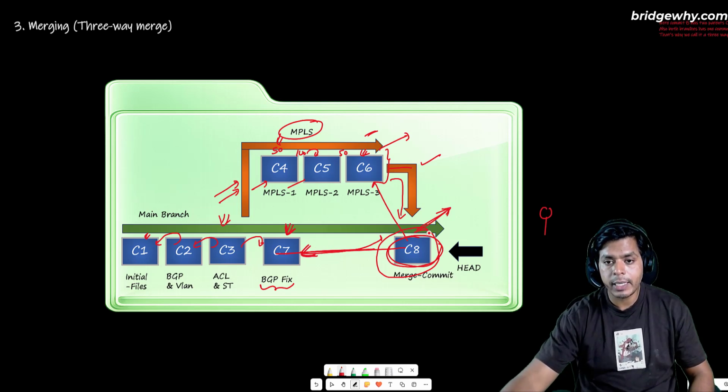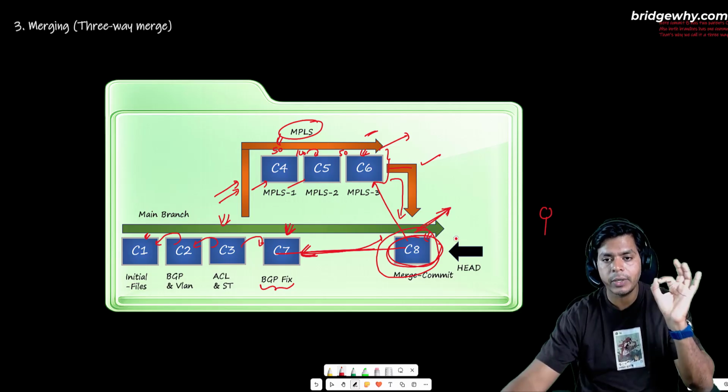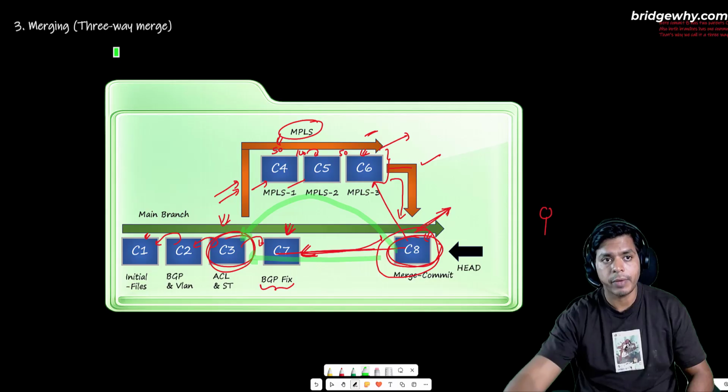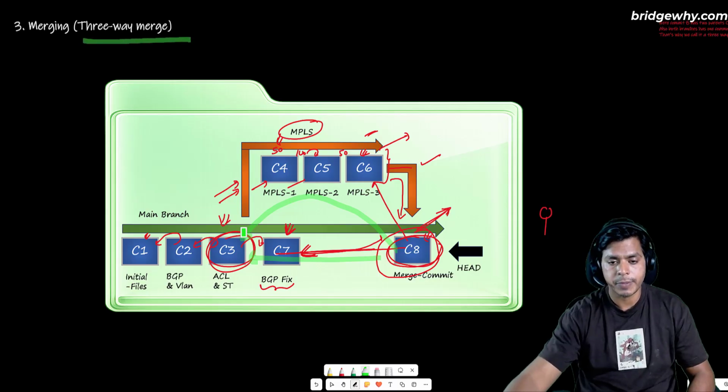And then C8 has one common point, which is C3. We can go this way and we will reach C3, and we will go this way and we will reach C3. There are three commits, C6, C7, and C3, which have some relation with C8, and that is why we call it a three-way merge.